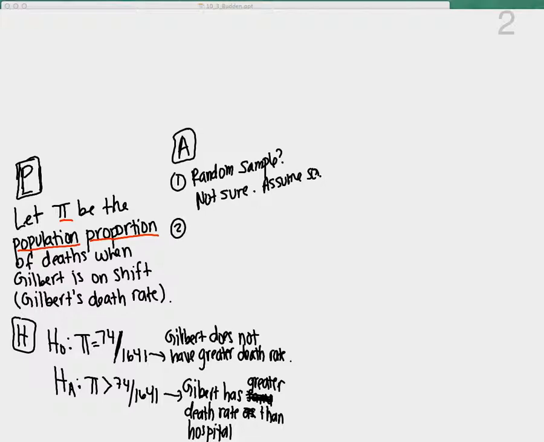You guys remember the second assumption that we always check? Approximately normal sampling distribution.